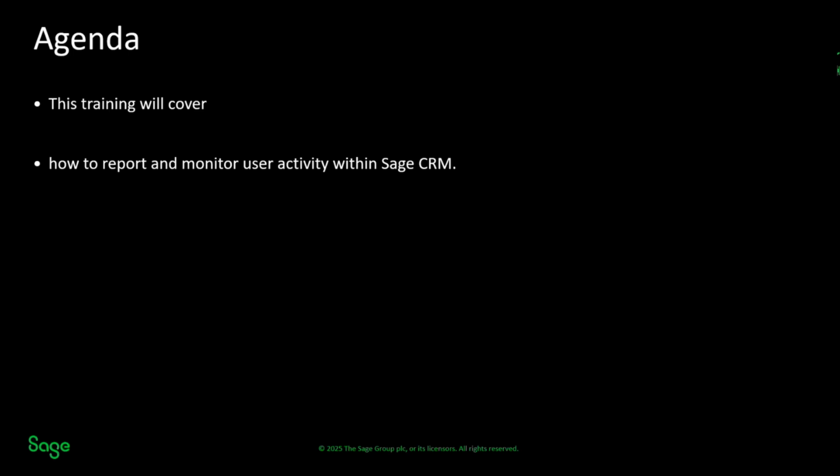We'll also do some housekeeping. We'll look at exporting and archiving activity data and the running of user activity reports that are available to the system administrator, and understand how monitoring supports license management and security.